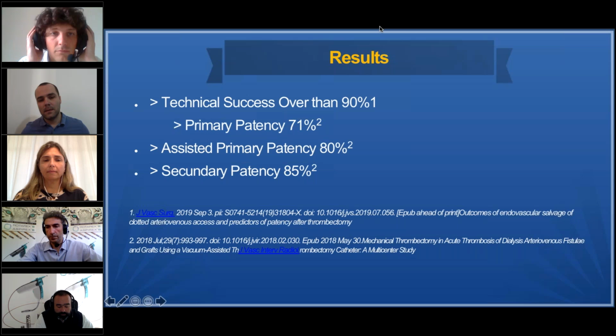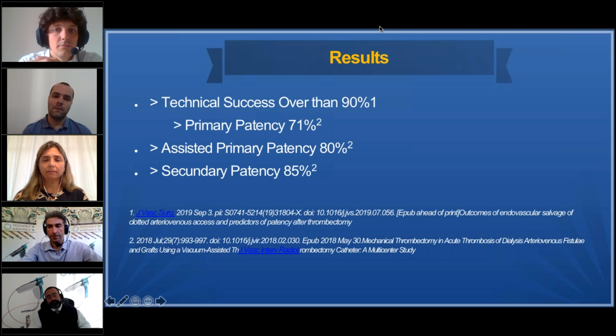In my 30 cases, I just had one case without technical success because I made a hematoma. And it's very close to the literature, where you have to have a technical success over 90%. Of course, when you treat a graft, it's easier than when you treat native fistulas.